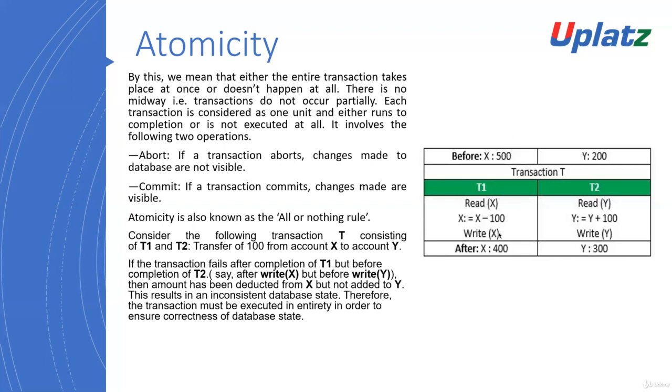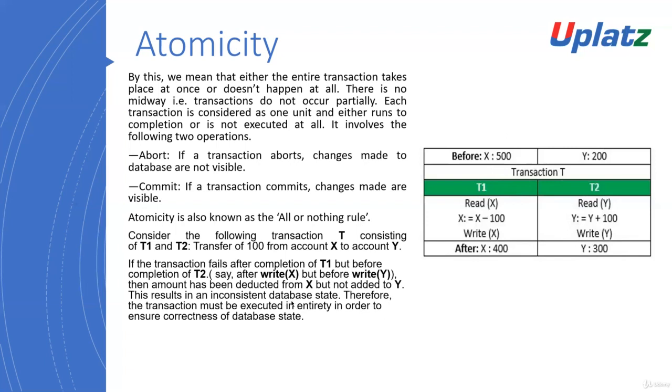But if everything goes right, then after deducting 100 rupees from X account, I will have 400 rupees in my X account. And after adding 100 rupees to my Y account, I will have 300 rupees in my Y account, which means my total is again back to 700 rupees. That means my data is consistent. So that is what has been written here.